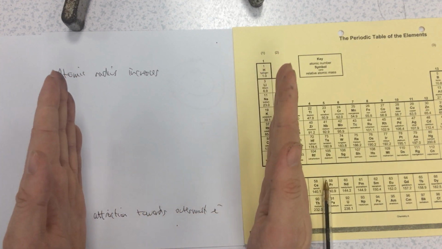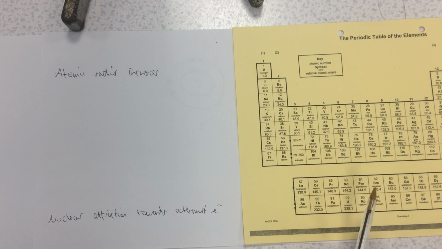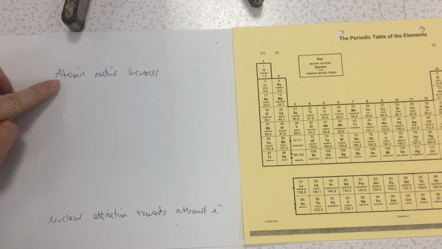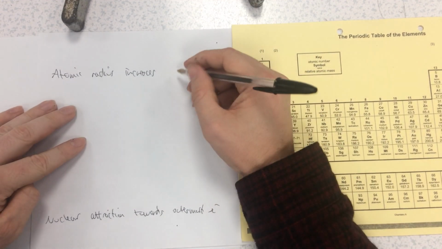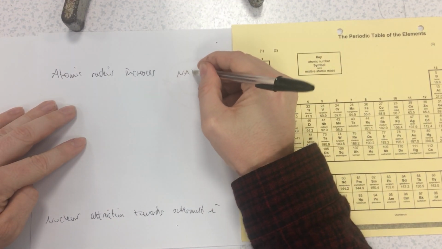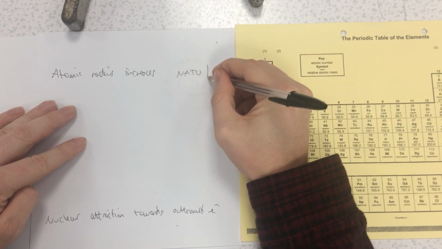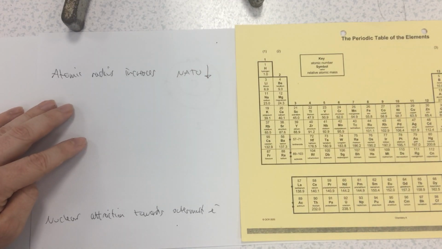As magnets get further away, it becomes weaker, doesn't it? And the same is true for the attraction between a nucleus and the outermost electron. As they get further away, the attraction becomes lower. And so as your atomic radius increases, the nuclear attraction towards the outermost electron decreases.